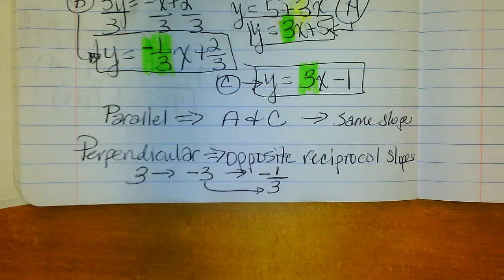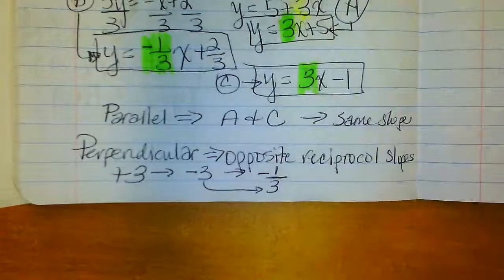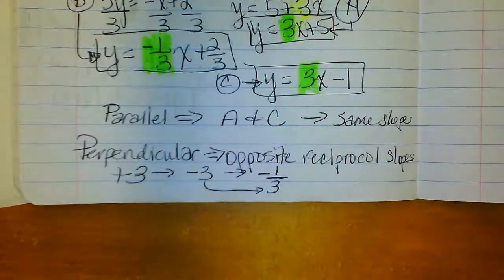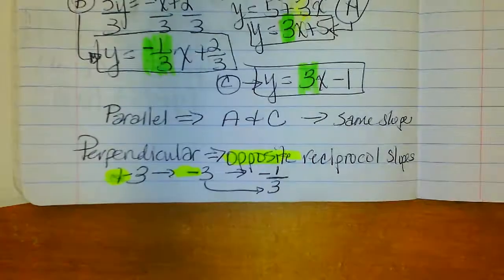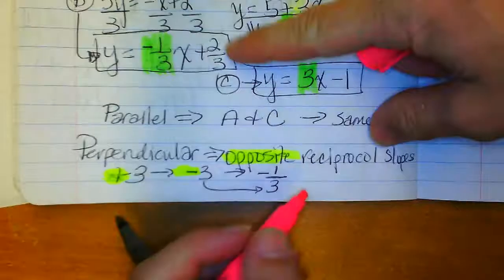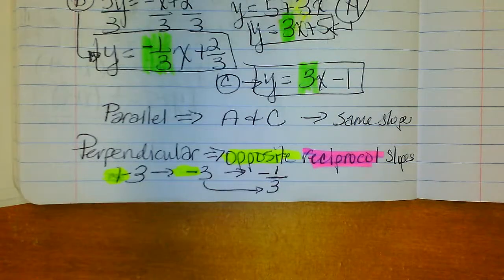So pones tu slope en una fracción. Y cambio signo. So en primero, este es positivo 3. Opposite. Positivo y luego negativo. Dice opposite. Aquí luego dice reciprocal. Reciprocal means cambio, flip, fracción.